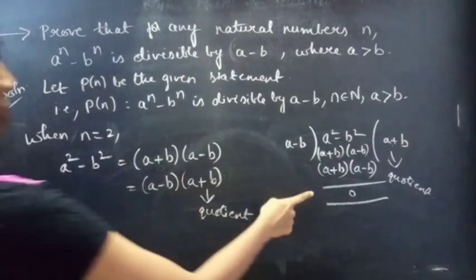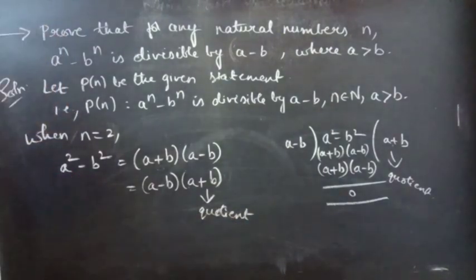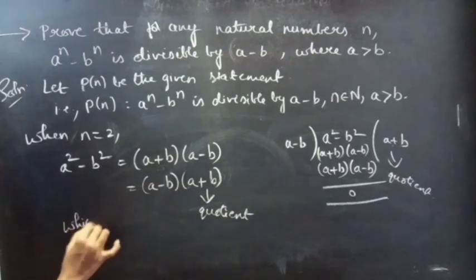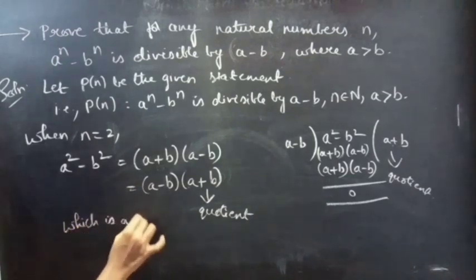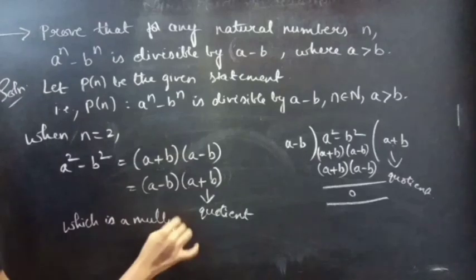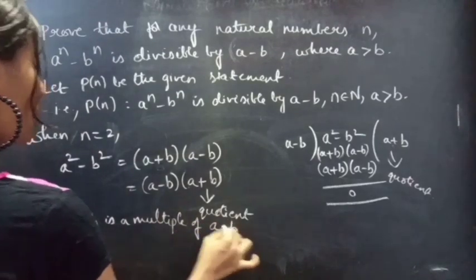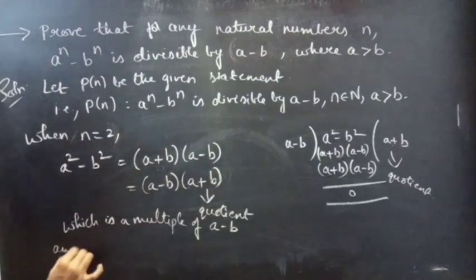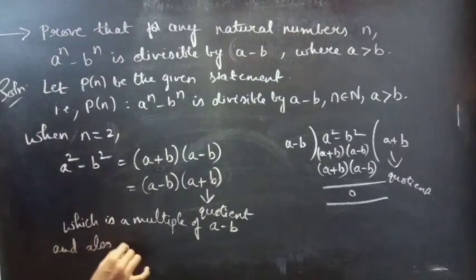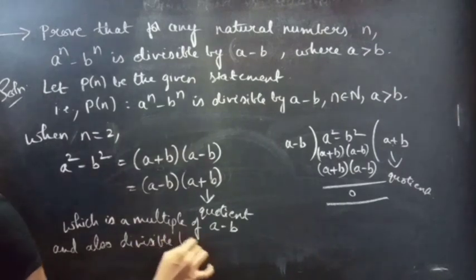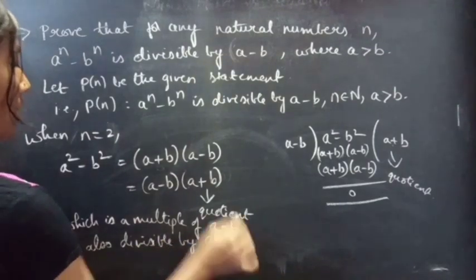Already we have seen here, right, which is a multiple of a minus b, and also divisible by a minus b.